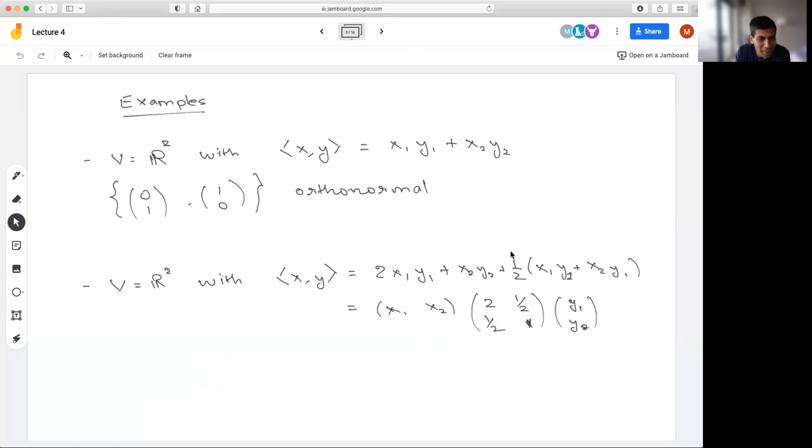Let's start with a vector space which is R2 equipped with the usual inner product, which is the coordinate-wise dot product. I will often refer to this as the usual inner product or the standard inner product. I may not always explicitly specify it and just call it the usual one. And you can see the vectors 0, 1 and 1, 0.